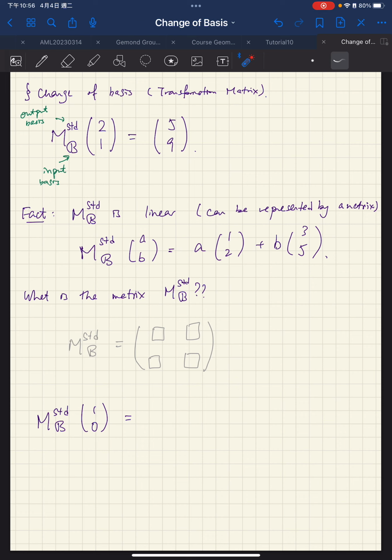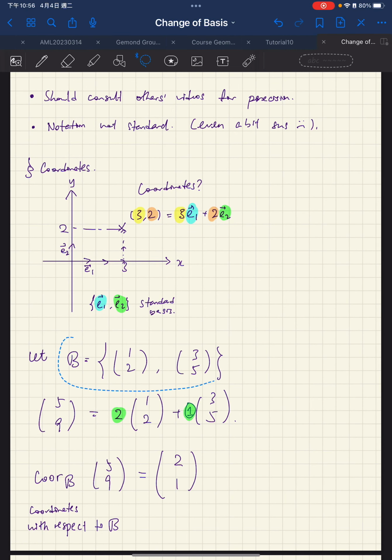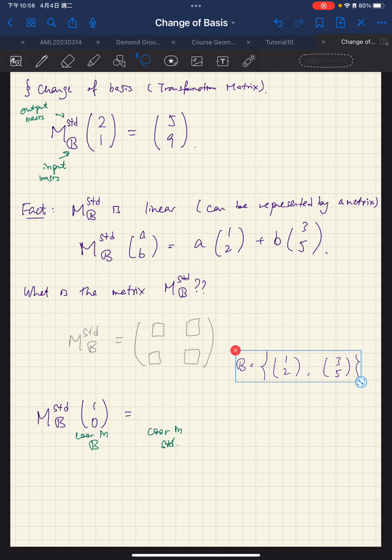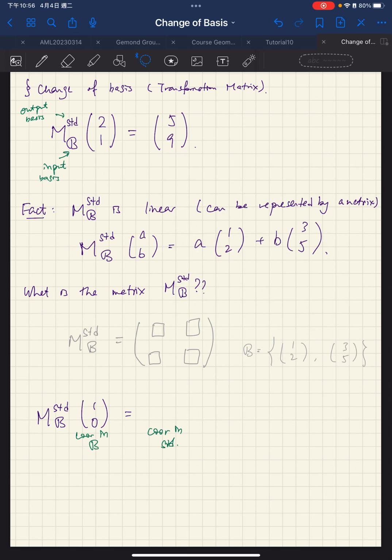So this is a coordinate in B, and then you want to find the coordinate in standard. Let me copy the bases down so that you can look at it.